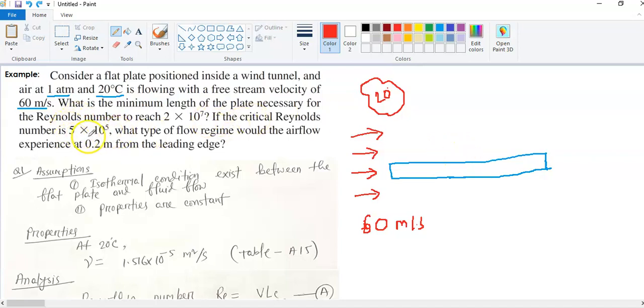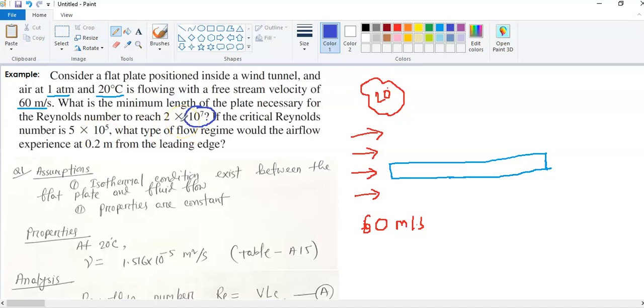So the question is, what is the minimum length of the plate necessary for the Reynolds number to reach 2 × 10 to the power 7? You can clearly see this is 2 × 10 to the power 7, which is greater than the critical Reynolds number. So that means the flow will definitely be turbulent at that point.